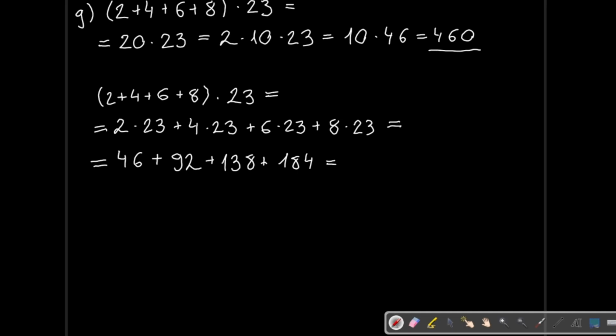Let's do column addition. 184 plus 138 plus 92 plus 46. So 2 plus 8, 2 plus 8 and 6 plus 4. That's 20.